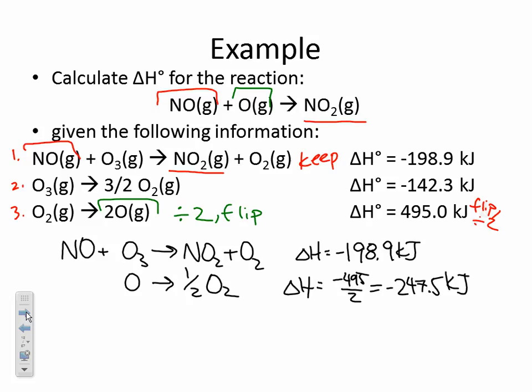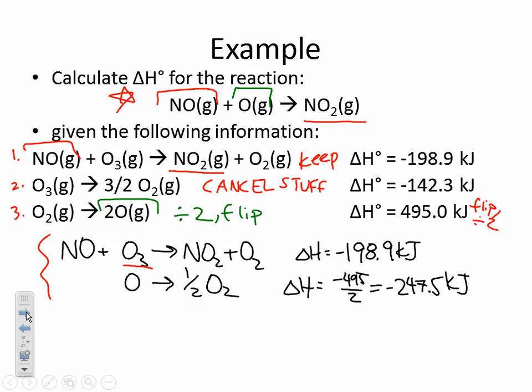And now let's go back and have a look at that second reaction. Now I'm going to start to look at what I've done so far and figure out what I need to do with that second reaction. Well, I notice, for example, that I have this O3 that's in my first reaction that is not in the overall, but it's also not canceling with anything. The purpose of this second reaction is to cancel stuff. It's to help you get rid of things that are in reactions 1 and 3 that you don't need.